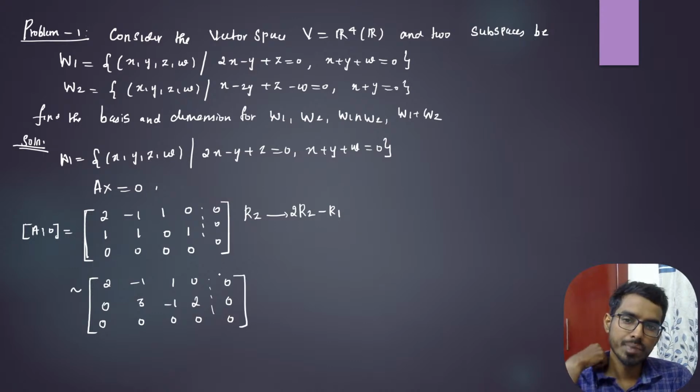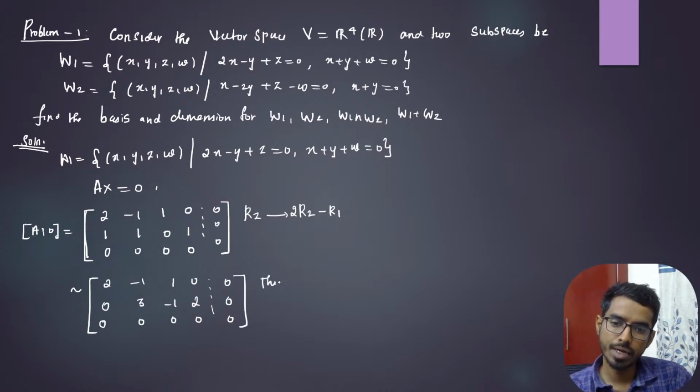Now you can see this is in row echelon form, right?